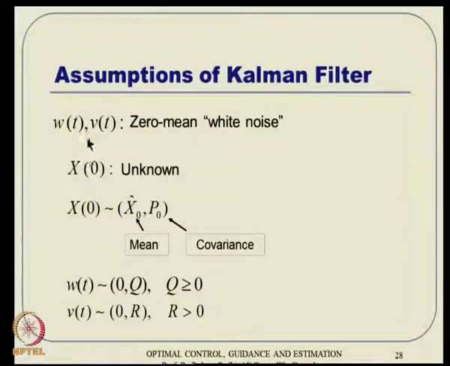The initial condition is typically not known, but it is characterized by a mean value and its covariance, that is, how much it is distributed away from the mean value. And W of t, V of t, as we said, are zero mean white noise, and the covariance is Q for W and R for V.